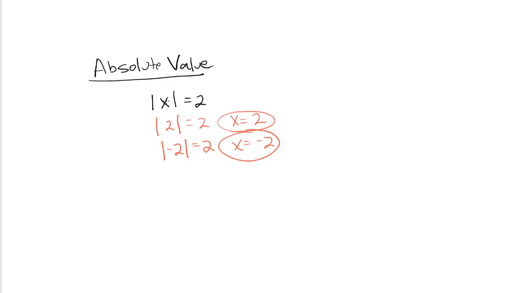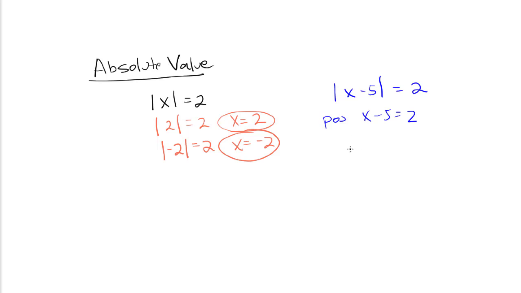So, okay, what if x is a more complicated expression? Who says it has to be just simply one variable? What if I said the absolute value of x minus 5 equals 2? How would we go about solving that? Well, again, we know x minus 5 could evaluate to the positive 2, so we set up our positive case solution.